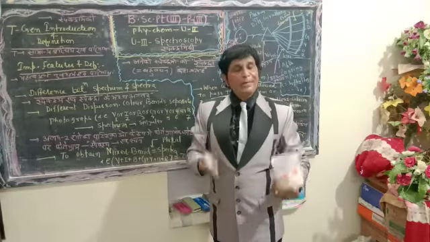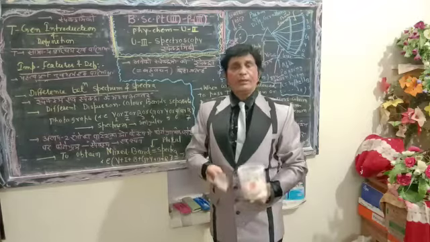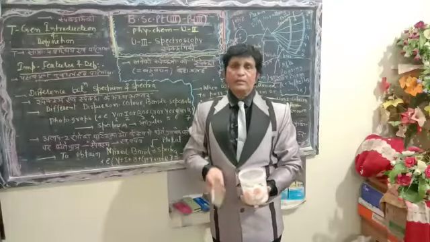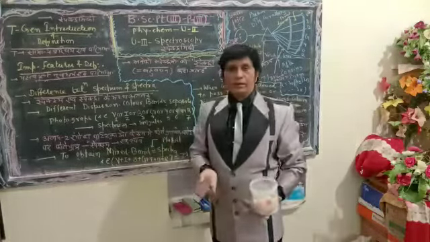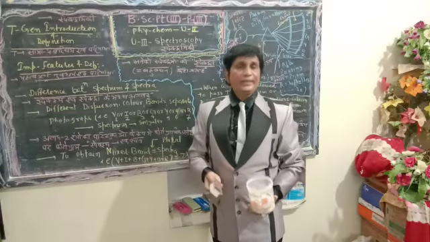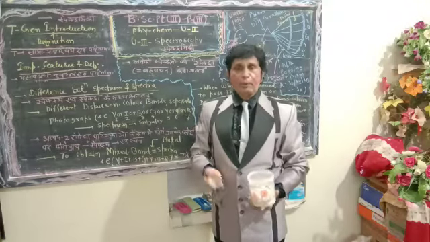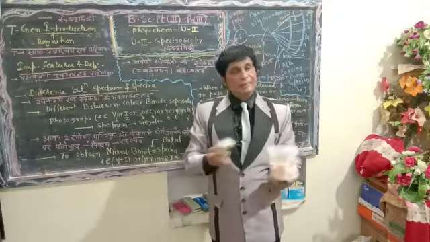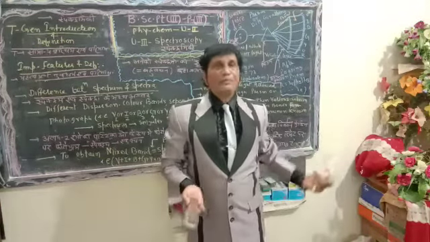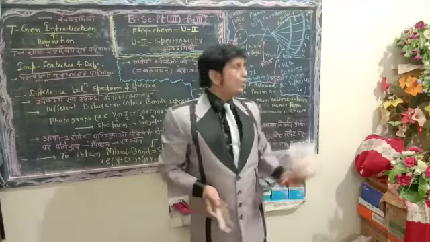In joint form, in mixed form, when we are producing the band forms on a photographic plate, it is known as spectra, the plural of spectrum. Once again, may I have your attention please? The production of the 7 colors of light individually, their band forms on a photographic plate, is known as a spectrum, and the plural of spectrum is known as spectra.